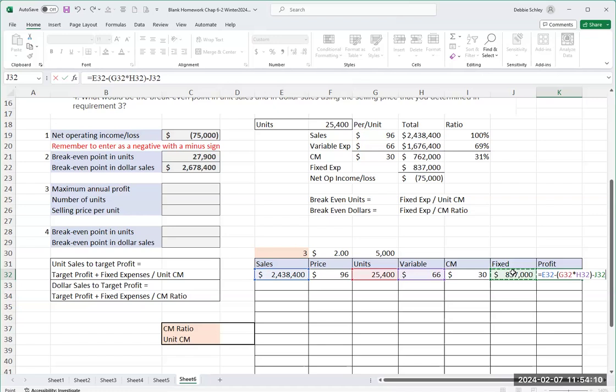Oh, you know what? I'm sure I did that right, but there's an easier way to do that. I'm going to do a shorter formula. So profit is going to be equal to, open parentheses, my contribution margin times the units, close parentheses, minus the fixed expense.